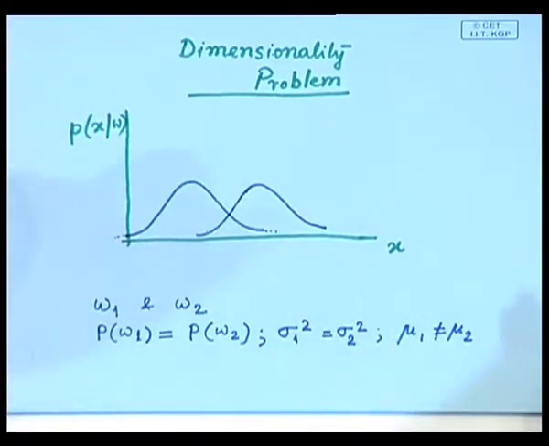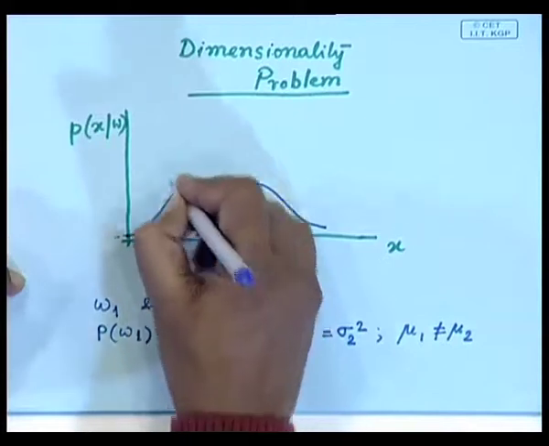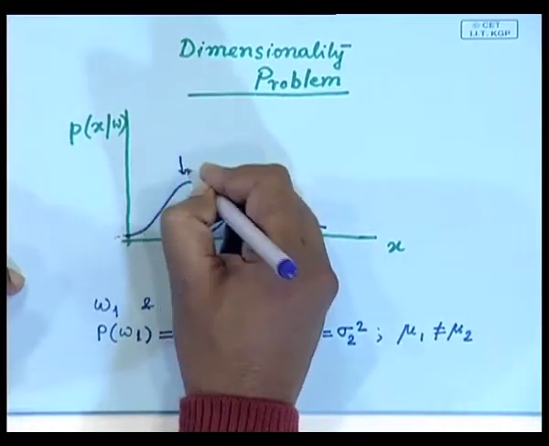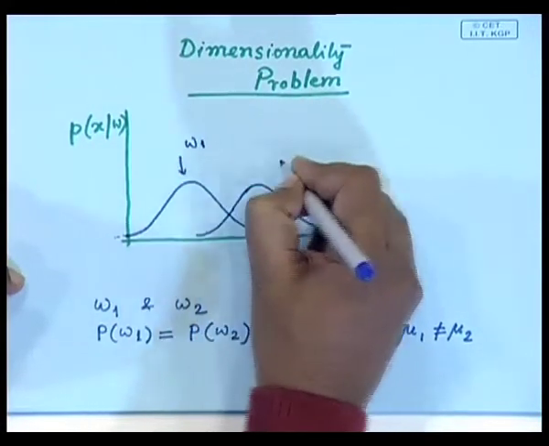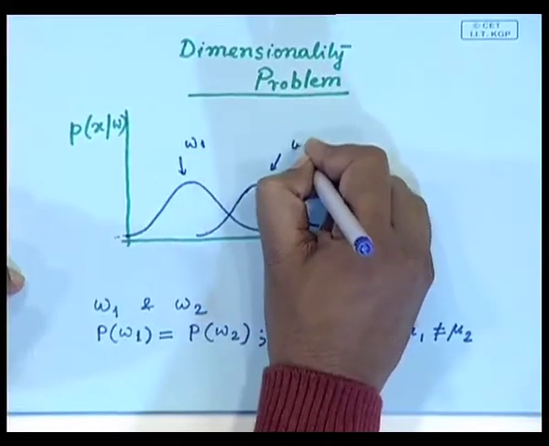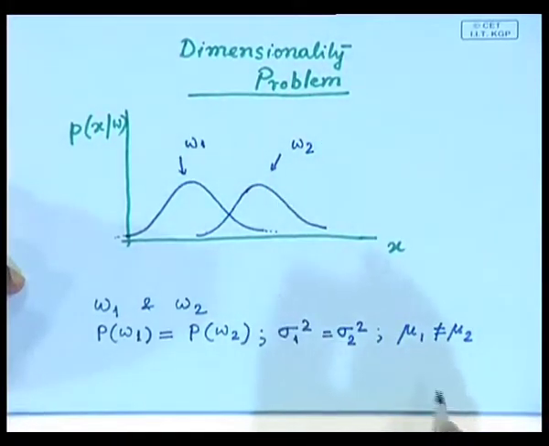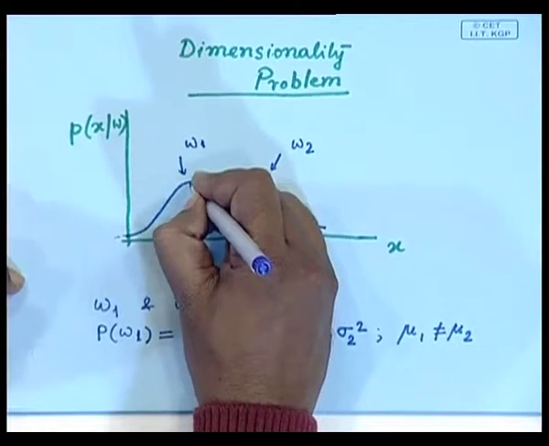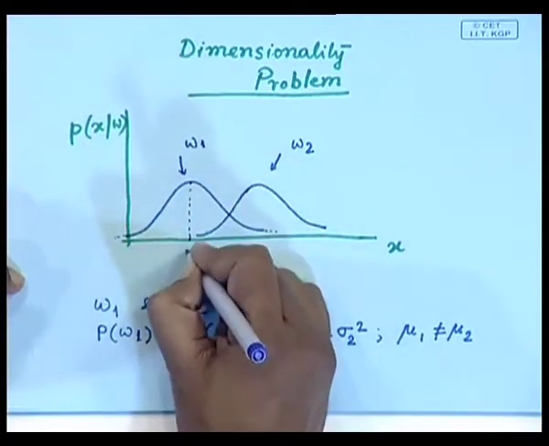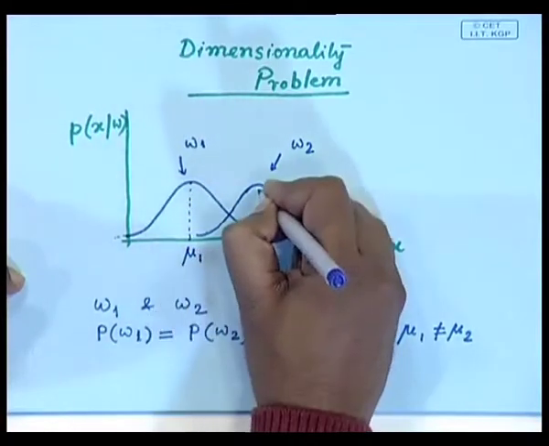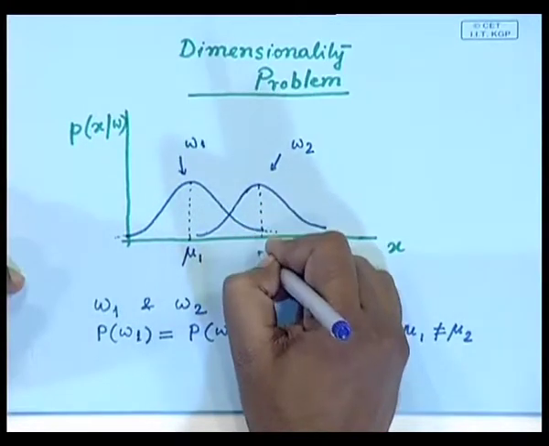Suppose this is for class omega 1 and this is for class omega 2, where this is mu 1 and this is mu 2.